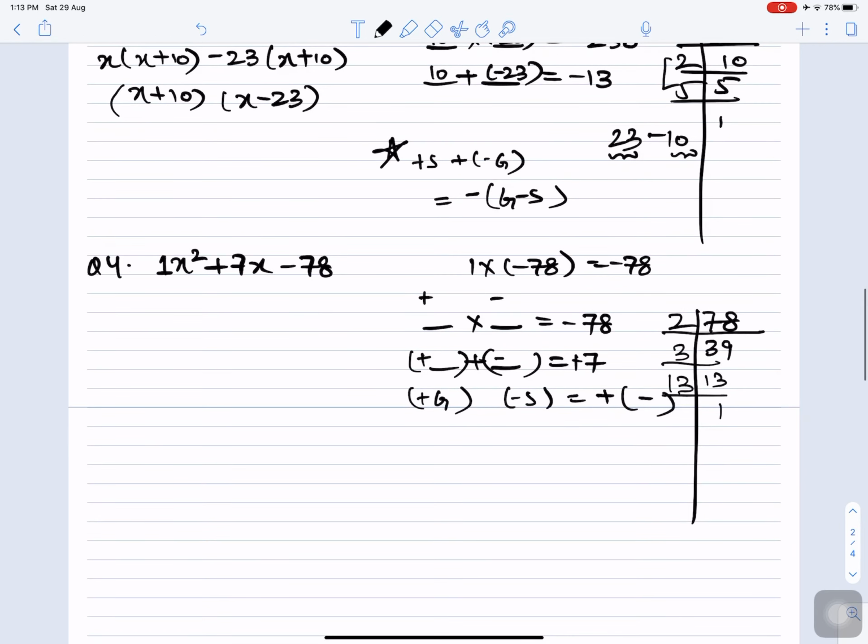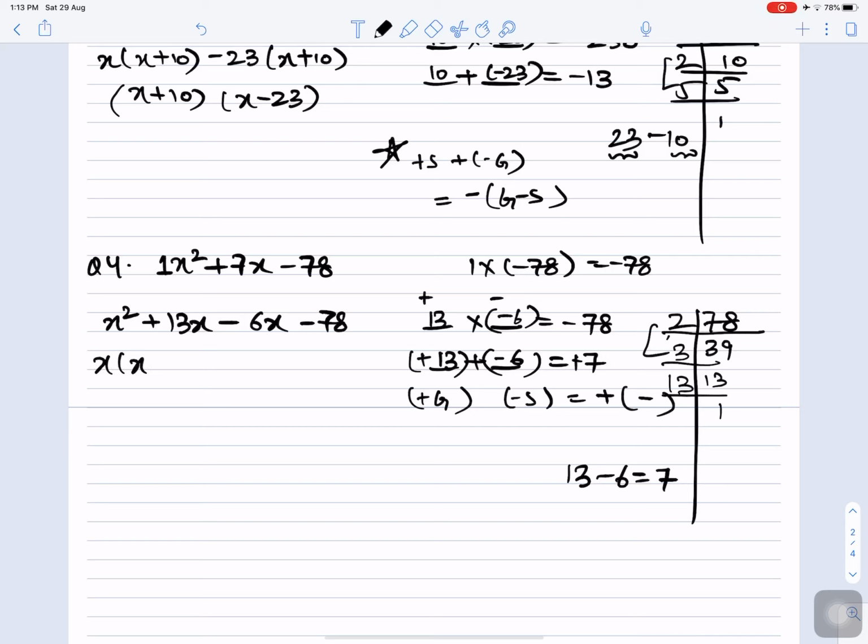Now we have to take two numbers in such a way that when we subtract them, my answer comes out to be plus 7. 3 2s are 6. 13 minus 6, my answer is 7. So the greater number gets the plus sign and the smaller number gets the negative sign. That's how we will solve. So it's x square plus 13x minus 6x minus 78.